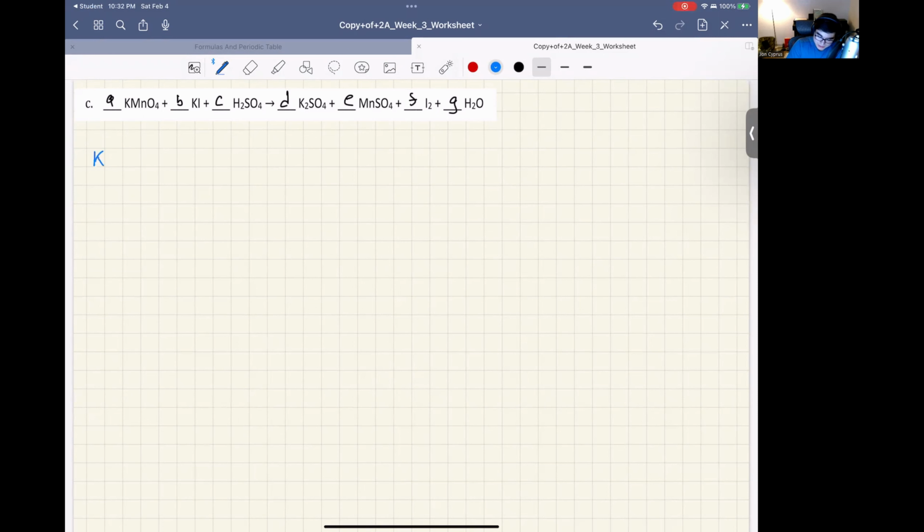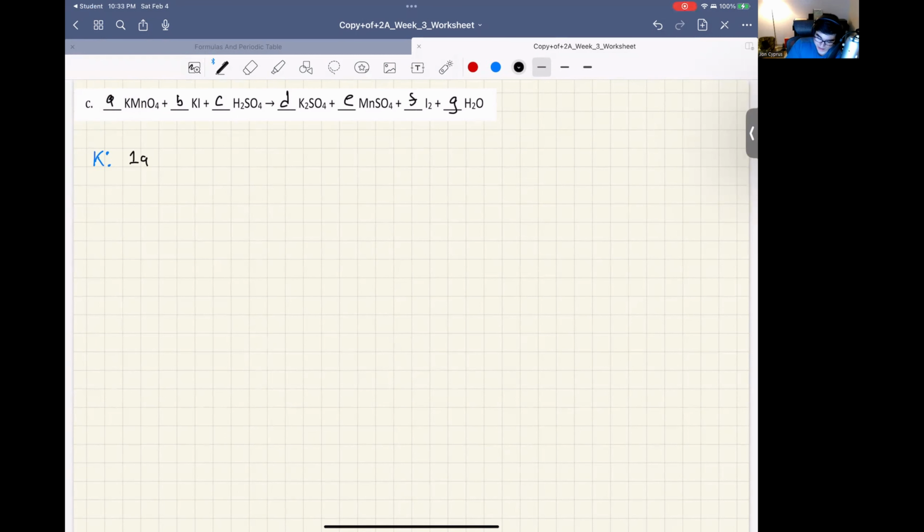Start with potassium here. I'm looking at both sides in the coefficients. For potassium on the left side, I have 1 times A from this one right here. There's 1 potassium per molecule, and I have A amount of molecules in this balanced equation.